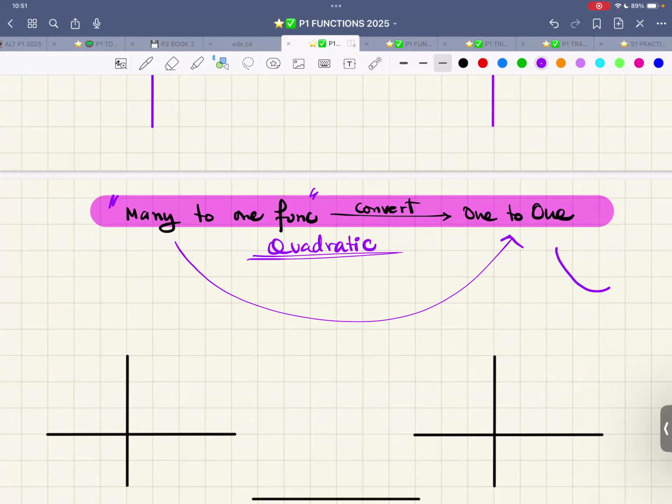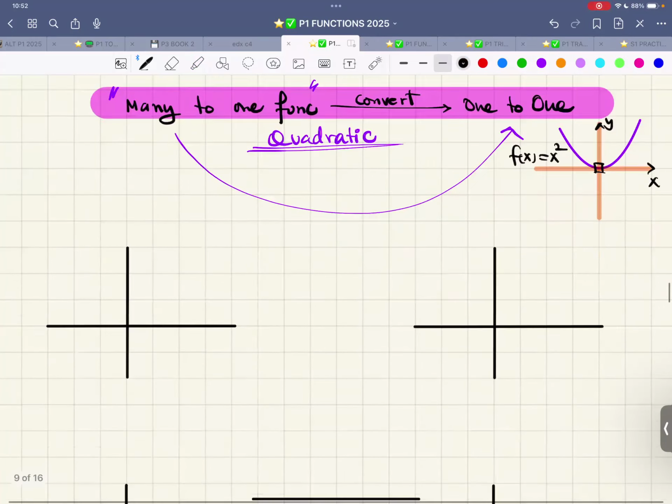So let me draw it in purple color. That's like this. And let me draw the grid around it. So that's the vertical axis. That is the horizontal axis. And let me shift the graph properly. So this is the original one. That is f(x) equals x squared. That is the original quadratic, and that is the turning point. That is the y-axis, that is the x-axis.